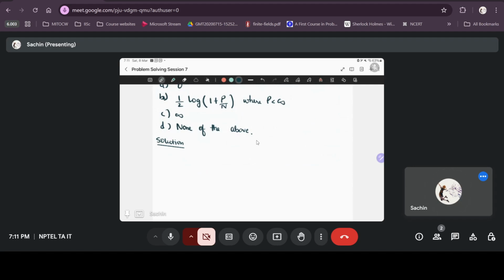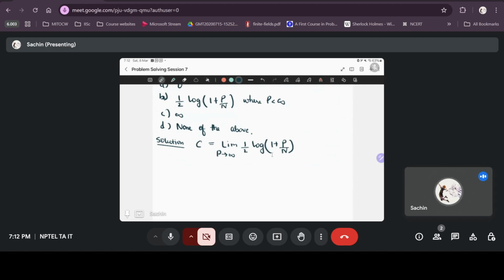Solution. So when there is no power constraint, the capacity is limit as p tends to infinity of half log of 1 plus p over n.